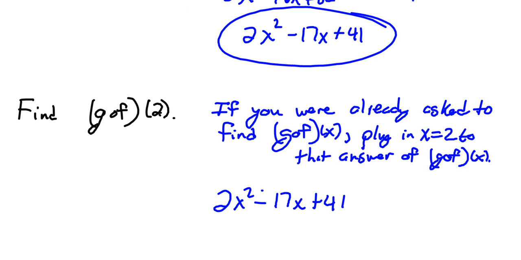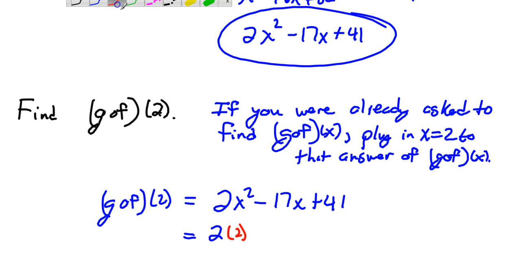So all we're going to do to find g of f of 2 is just plug it in right here. It's going to be 2 times 2 squared minus 17 times 2 plus 41.